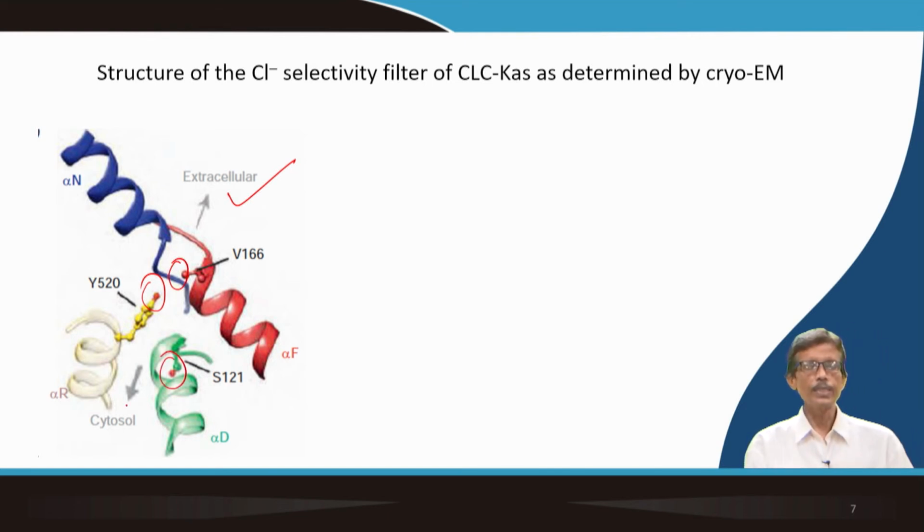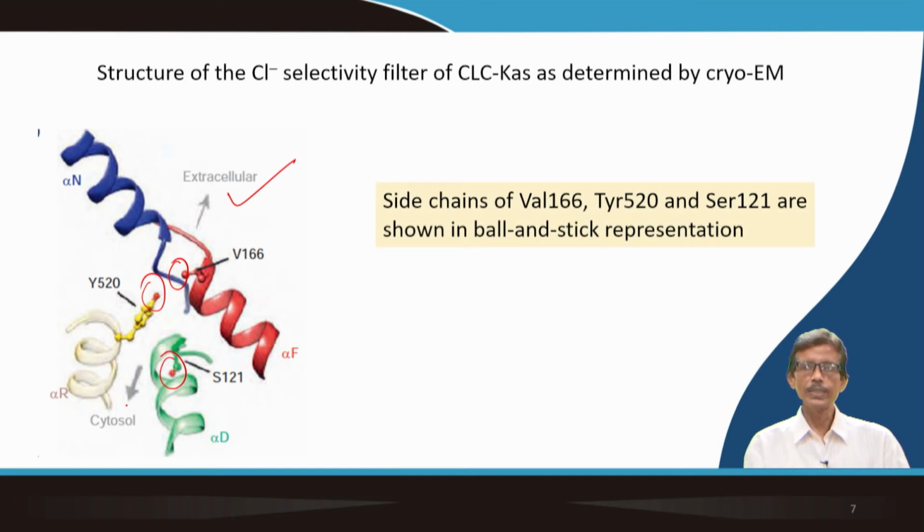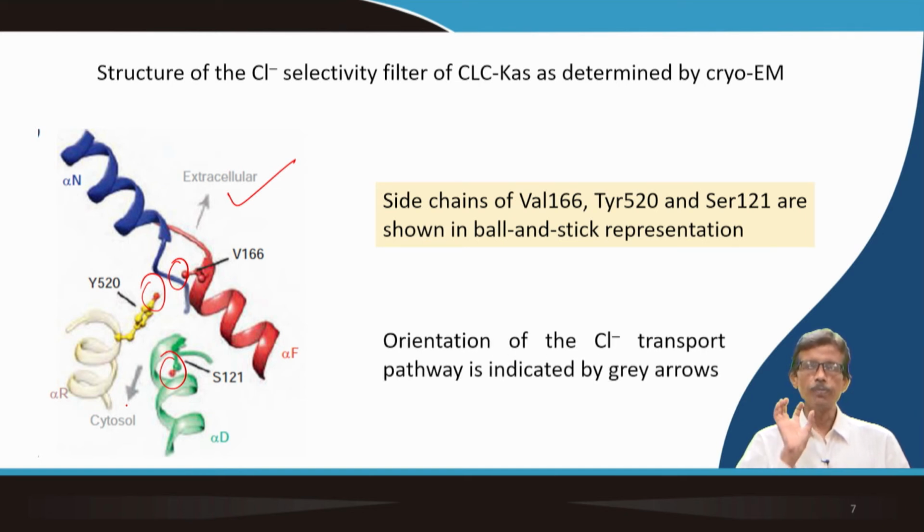So, when we are talking about these three, they are valine 166, tyrosine 520 and serine 121. Serine residues, we should know, have a hydroxyl function, an alcohol type of function, the phenol type of function for tyrosine, and the corresponding valine type of function is there. So, these functions are properly oriented within that particular channel.